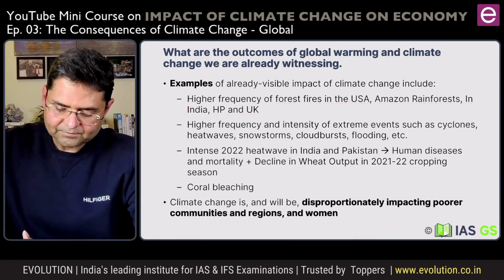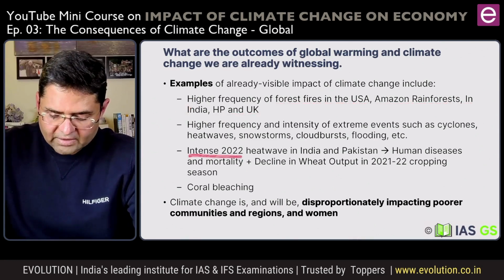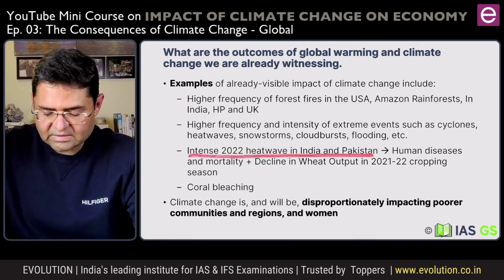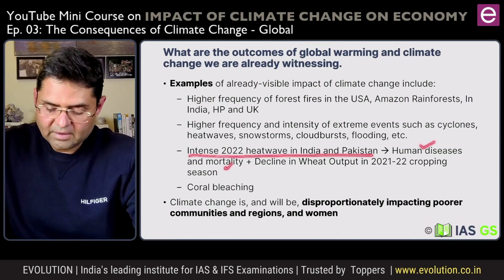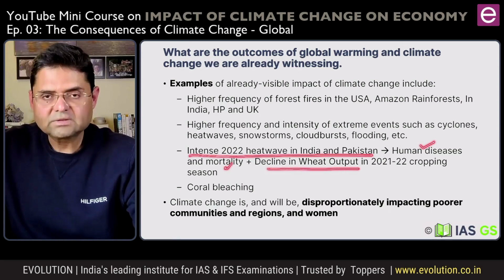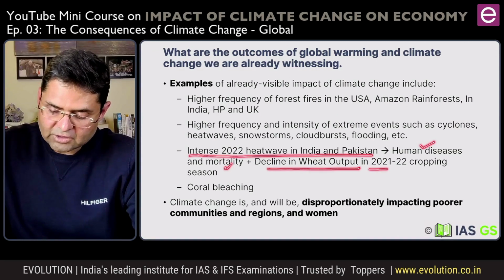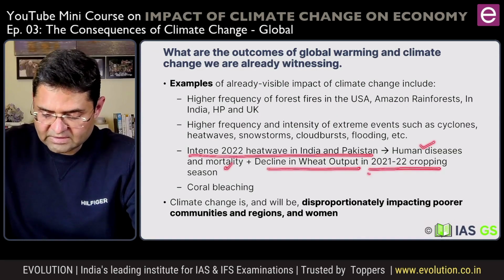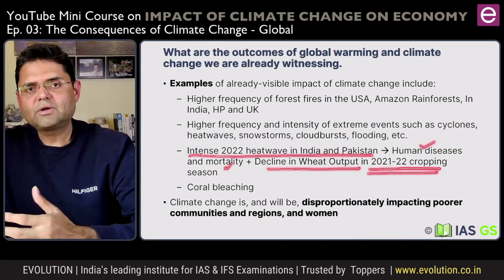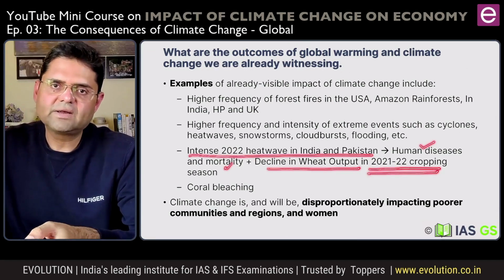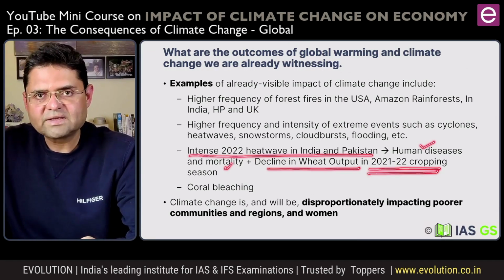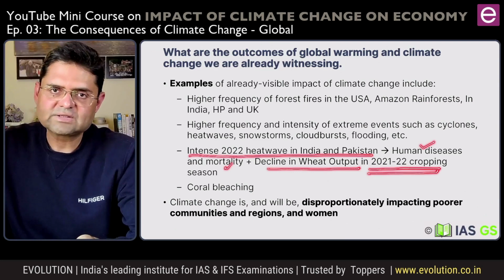Then if you recall, the 2022 heat wave in India and Pakistan, which led to human diseases and mortality. Apart from that, there was a clear decline in wheat output in the 2021-22 cropping season. The density of wheat plants in the field was largely the same, but this year the grain size was smaller.